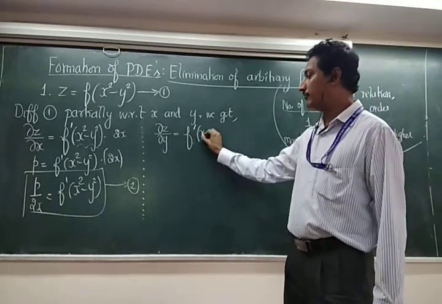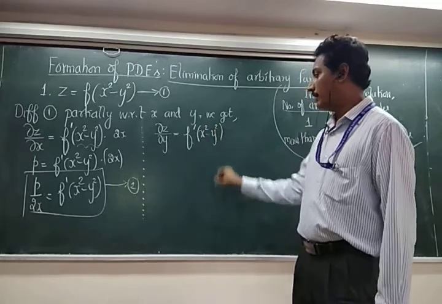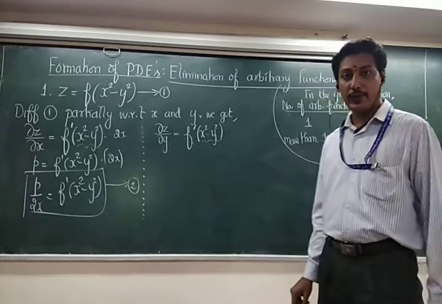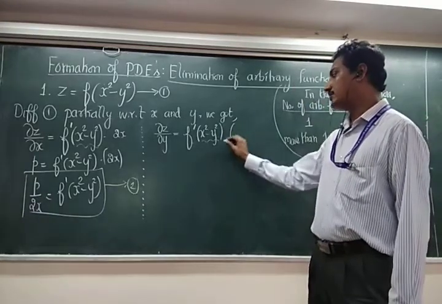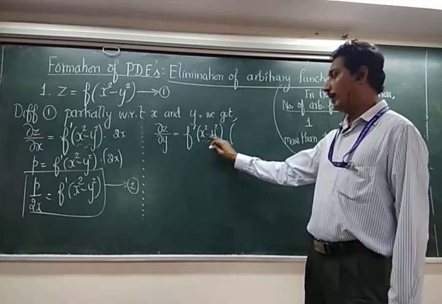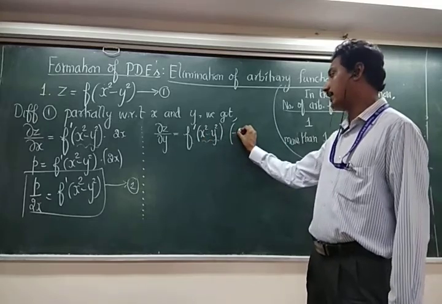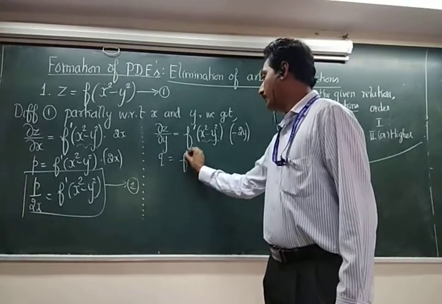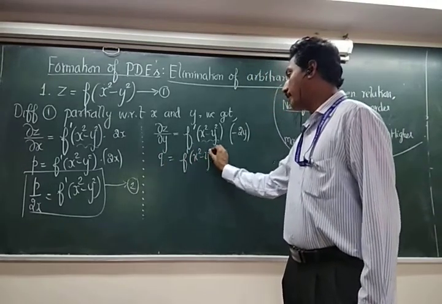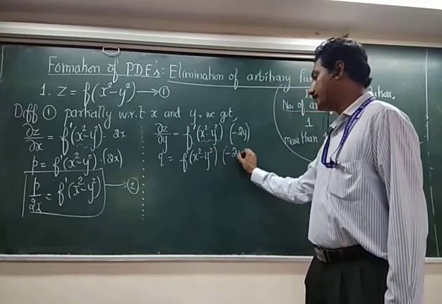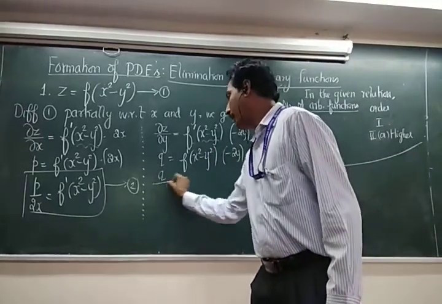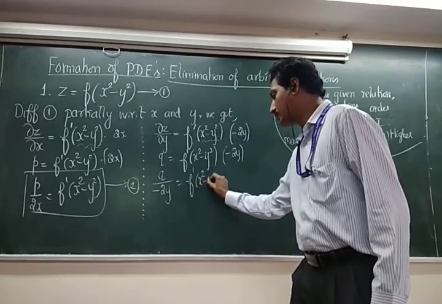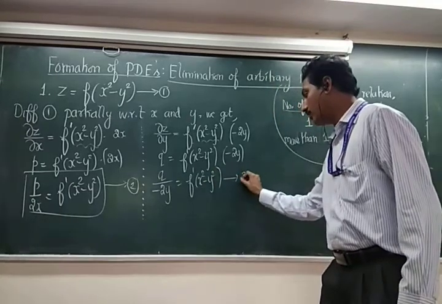So f dash of x squared minus y squared into, once again by using the chain rule on the term x squared minus y squared, this time with respect to y: x squared becomes 0, y squared becomes 2y, but the minus sign was there, so minus 2y. The left hand side is q. So q is equal to f dash of x squared minus y squared into minus 2y. So q by minus 2y is equal to f dash of x squared minus y squared. So this is the equation number 3.